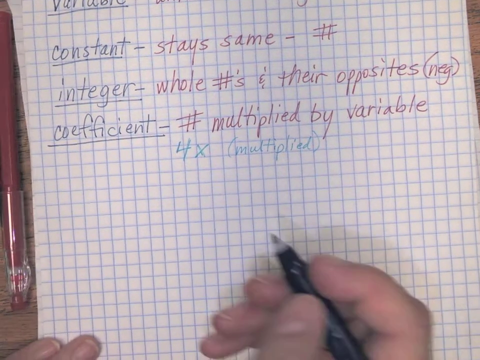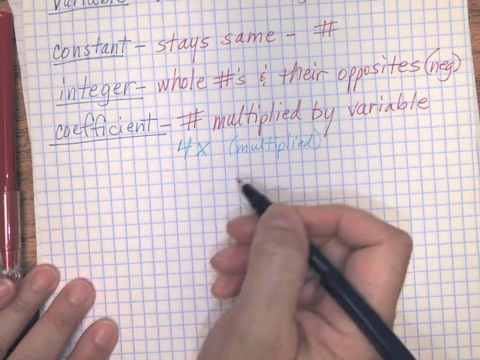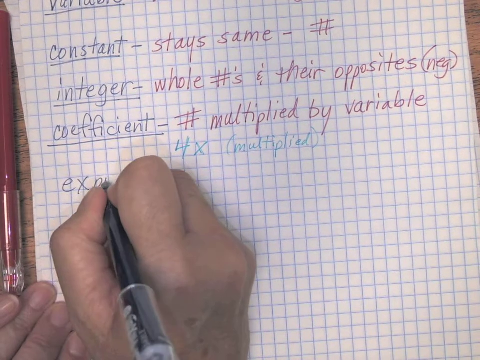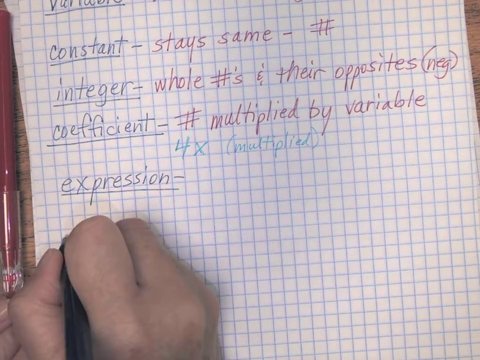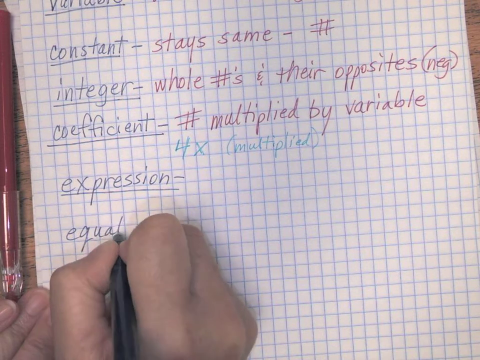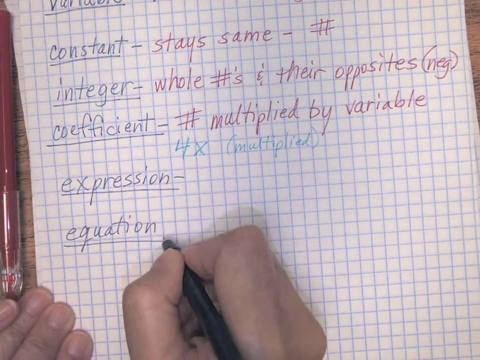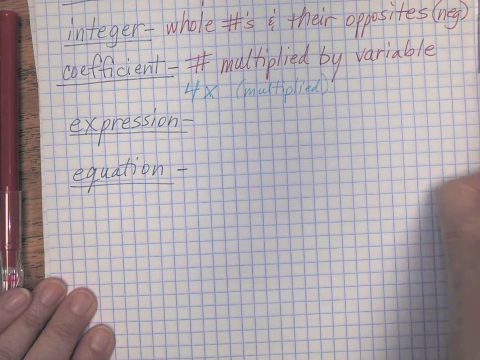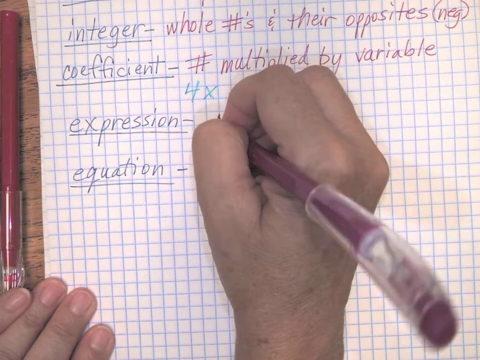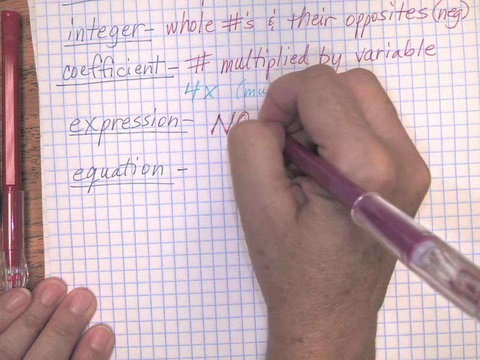The next things we will talk about would be an expression and an equation. I want you to know the difference between an expression and an equation. An expression has no equal sign.